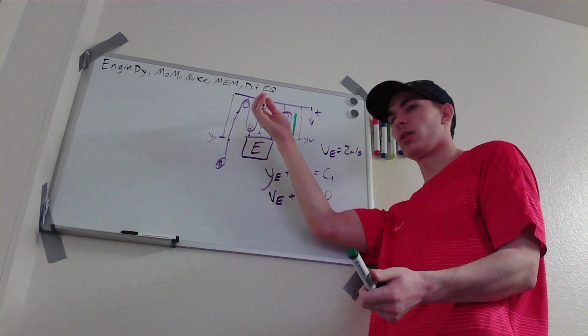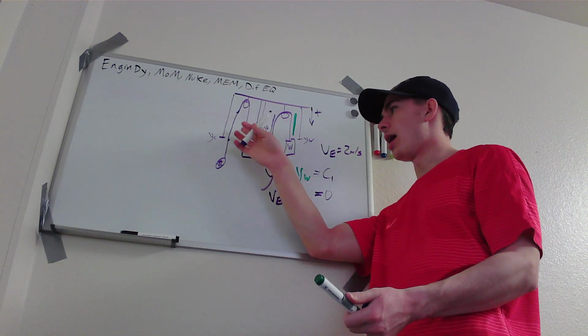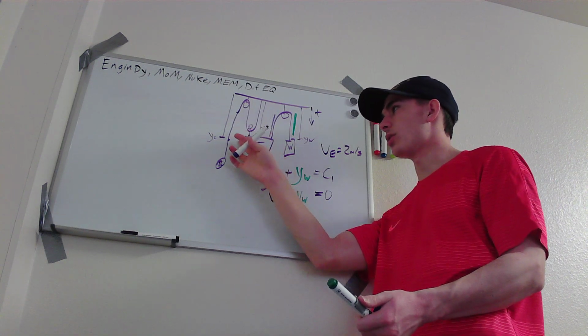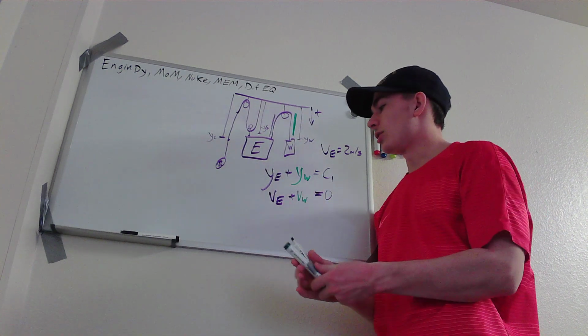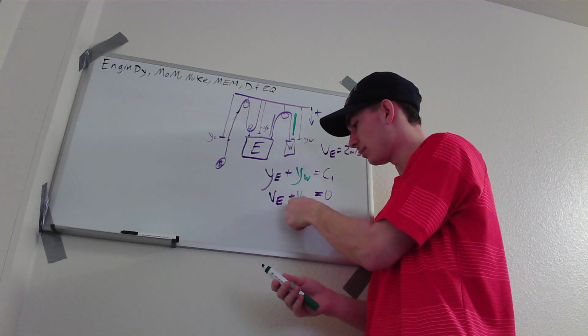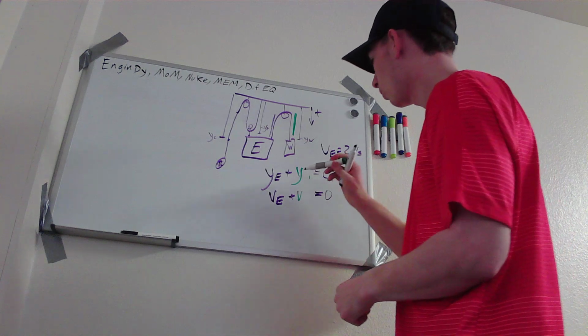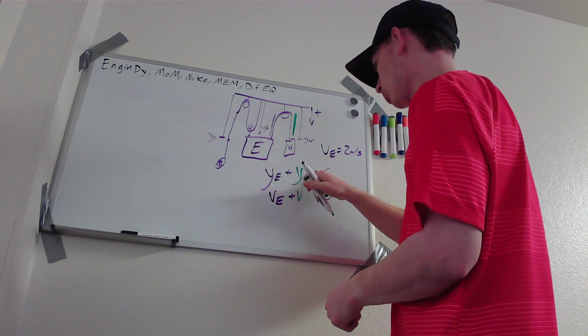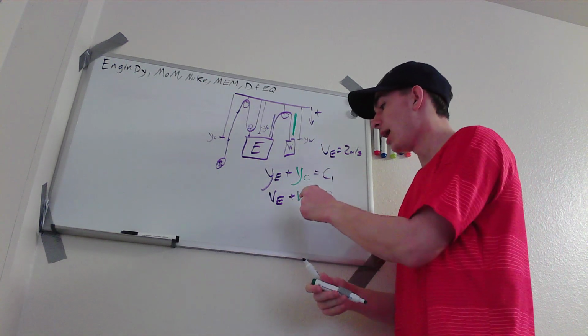Y is going to travel upwards, and the elevator is going to travel downwards, and so these are going to be traveling upwards. And so it'll be 2 YE plus 1 YC is equal to a constant again. This rope never changes its length.